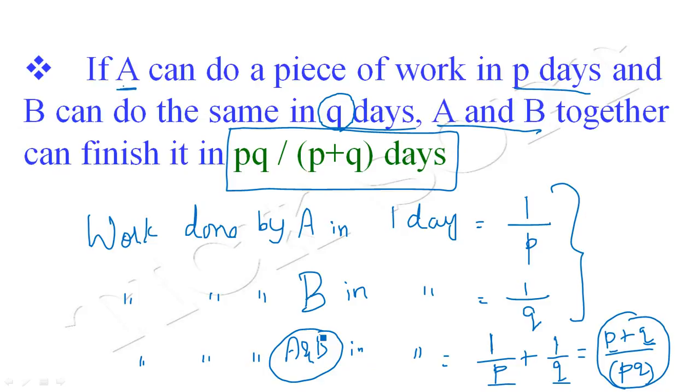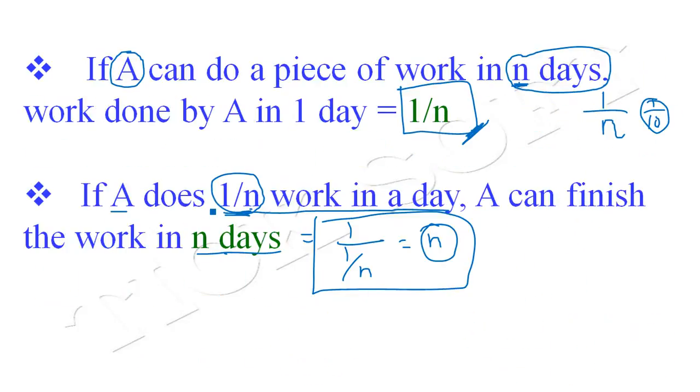So, what will be the total number of days? By using the second formula, we can easily find out the total number of days. If A does 1 by n work in a day, then A can finish the work in n days, that is 1 by 1 by n. So, we have to find out 1 by 1 day's work, then we will get the required number of days.